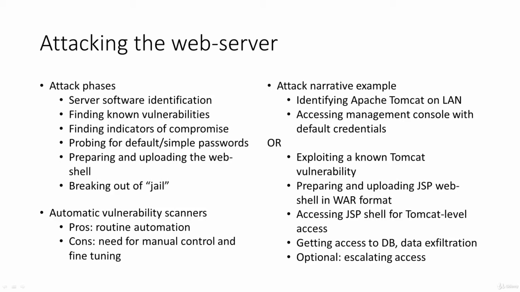It's a kind of JAR, but for deployment in Tomcat. So you just run it. Then you point your browser to the URL of this new JSP, and it runs and connects back to your Meterpreter handler in Metasploit, and you get remote access on the operating system level. You just run bash as the Tomcat operating system user.